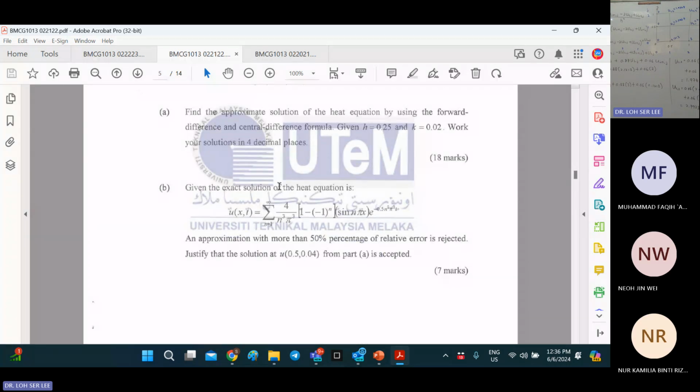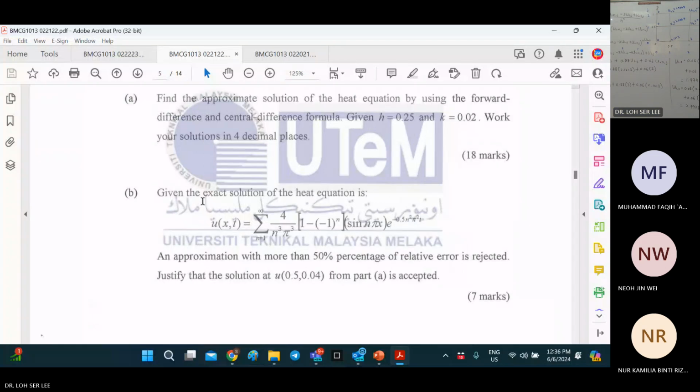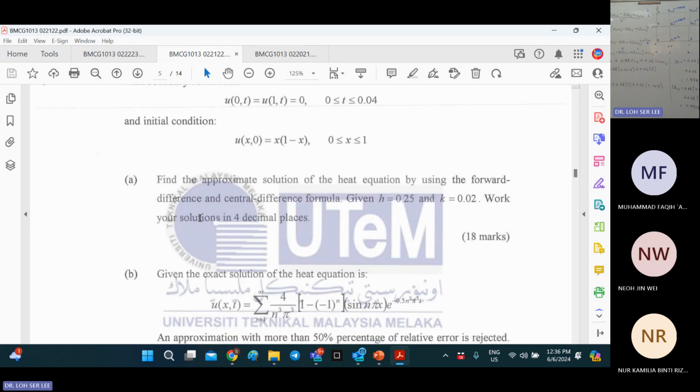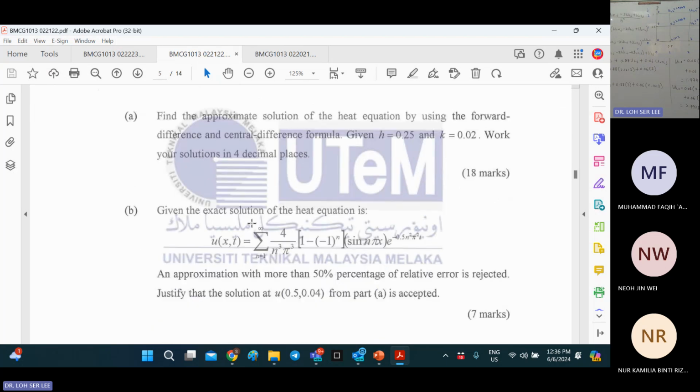And part B is given the exact solution of the heat equation. You are given this model and you find the approximation using the finite difference method. But if you are given the actual solution, you can find the error.